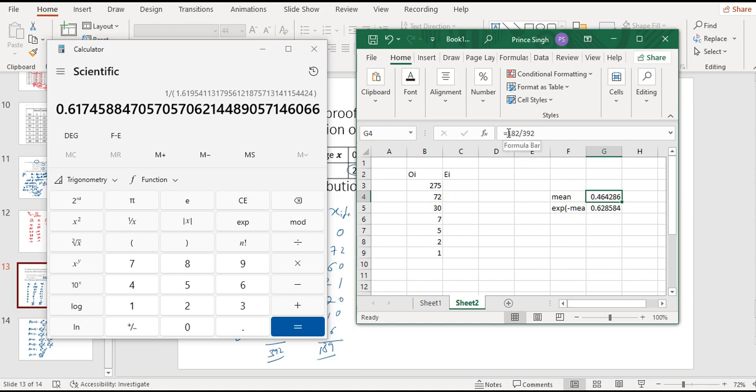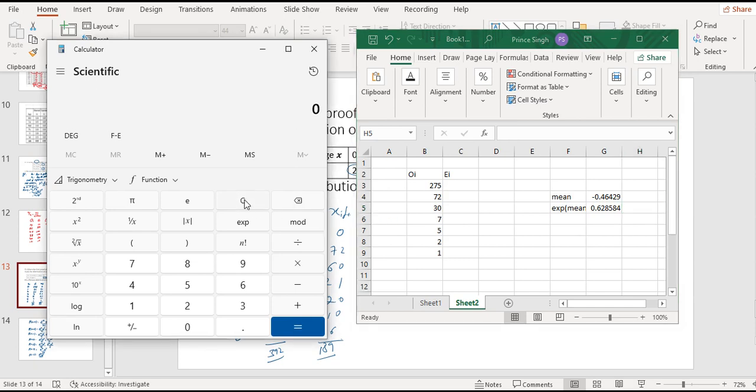We multiplied with a negative sign, and we calculate its e power. Mean is equal to exponential of that particular value. Still it comes out to be 0.628584.